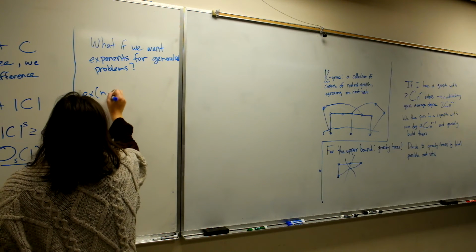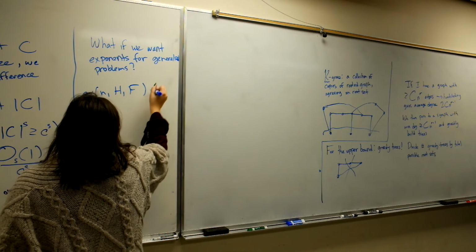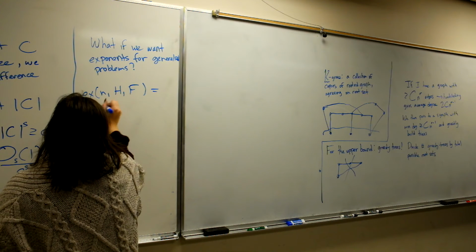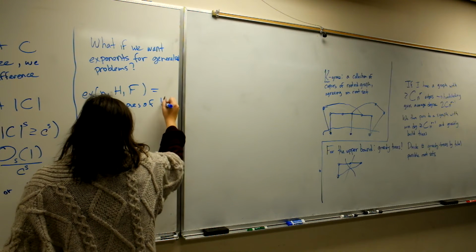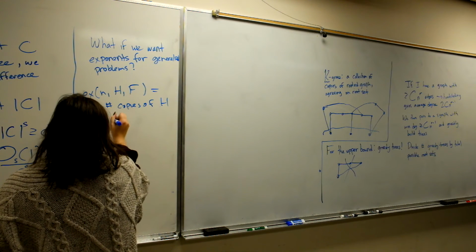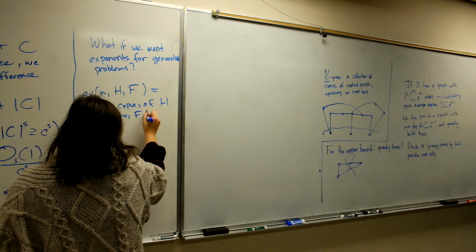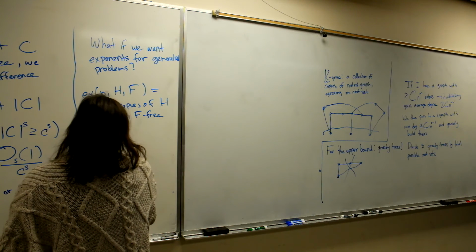So ex(n, H, F) is the max number of copies of H in an n-vertex F-free graph.